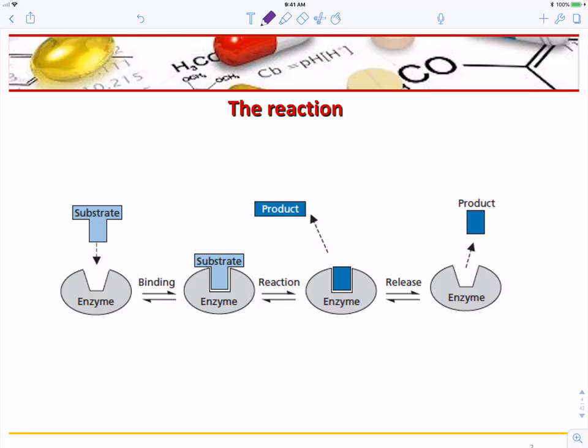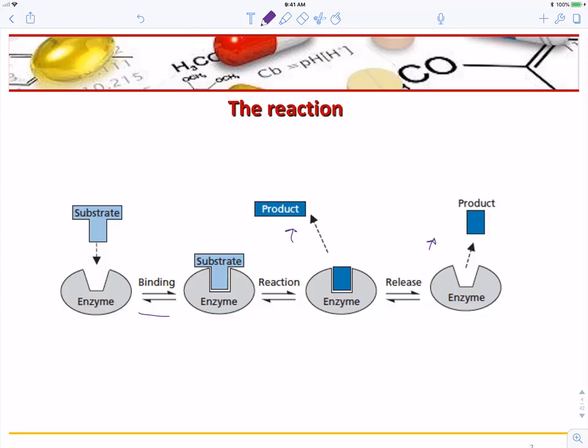Overall, this is the process. First, the substrate approaches the enzyme, then we have a binding process. The reaction then will happen on the enzyme-bound substrate. The product is released, and that's also a very important step. And sometimes there is more than one product released during this process.